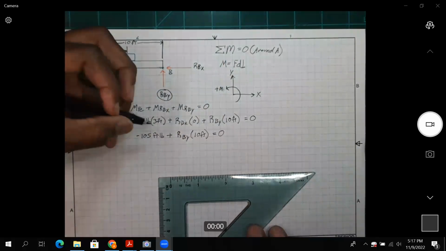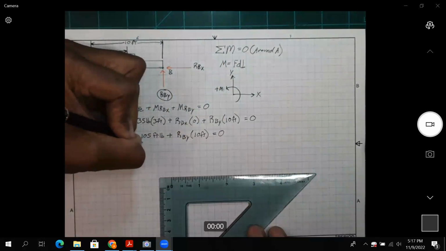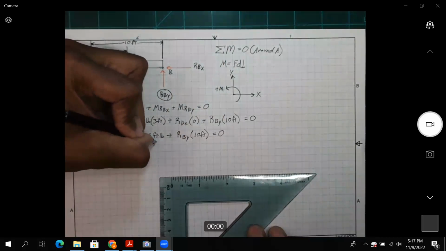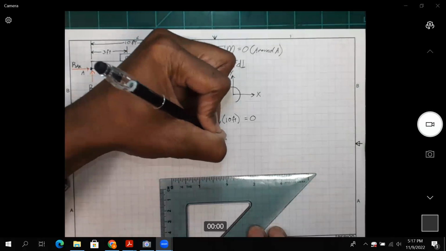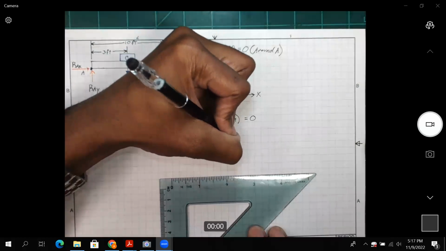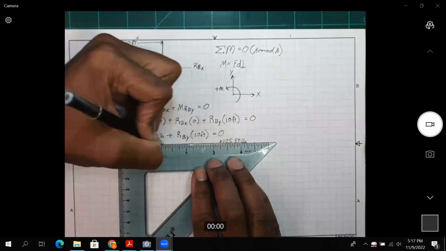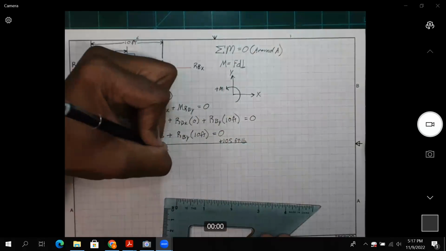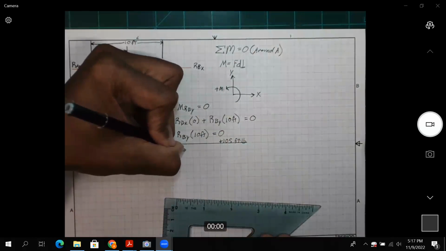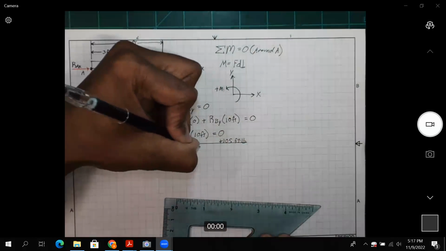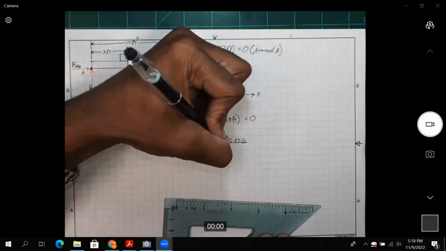So now we're just solving at this point. We can just add 105 foot-pounds on both sides. And now we have RBY, distance of 10 feet, equals 105 foot-pounds.